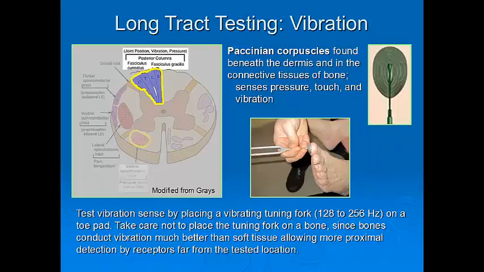Vibration is sensed by the Pacinian corpuscles and travels up the posterior columns. You test it with a tuning fork between 128 and 256 Hertz, and you use that tuning fork on a meaty part of the extremity, avoiding the bone, because the bone will transmit the vibration distally and proximally far from the tested area, leading to inaccurate results.